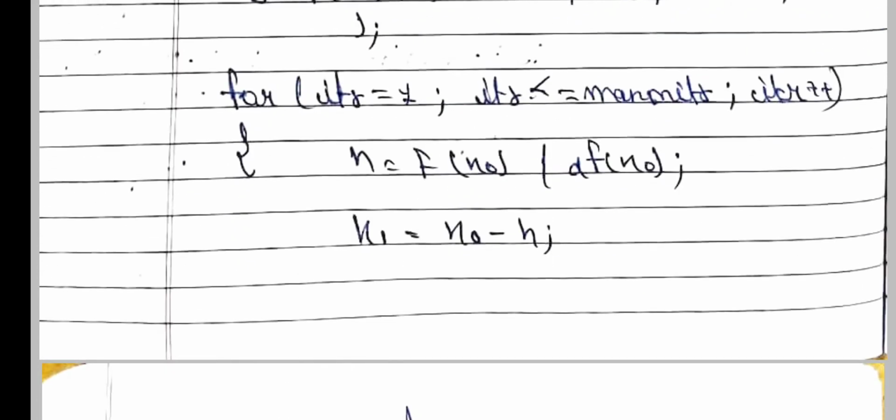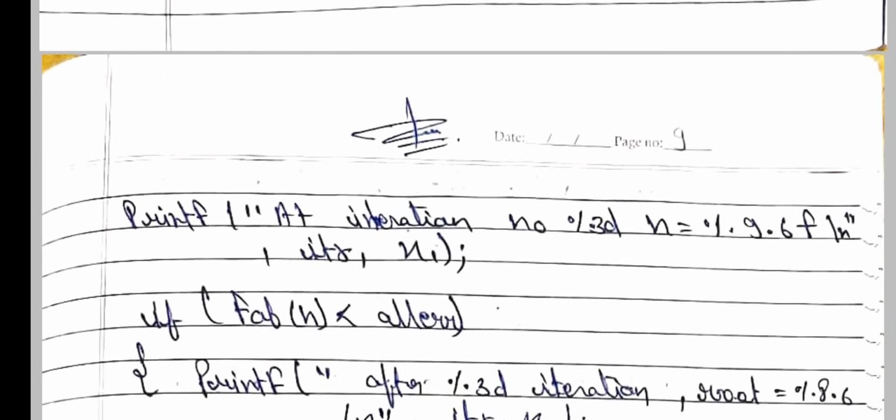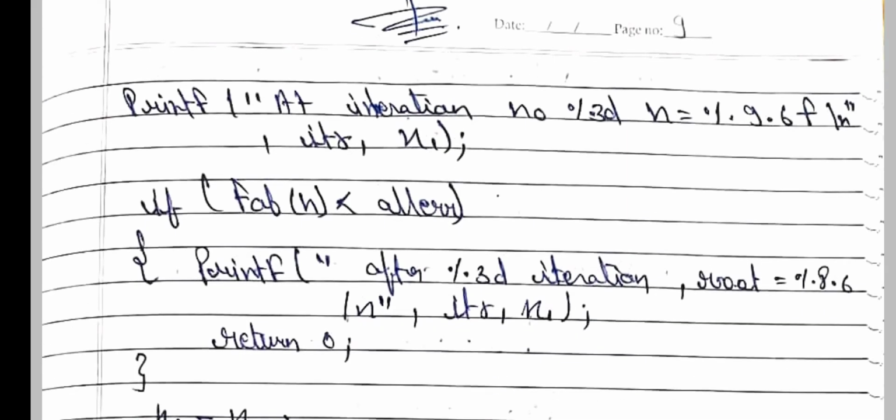Now we have to begin the for loop with the iteration 0 to the iteration maximum. Now we have to print the value of iteration and x1. We have to check with the fabs that the error should be higher than fabs, otherwise it will not converge.